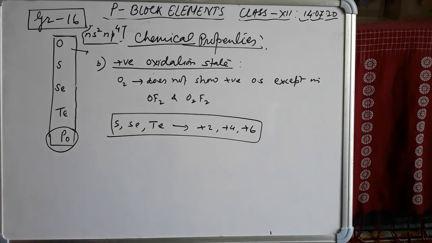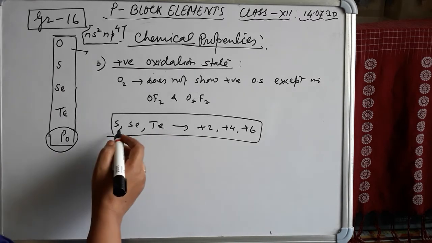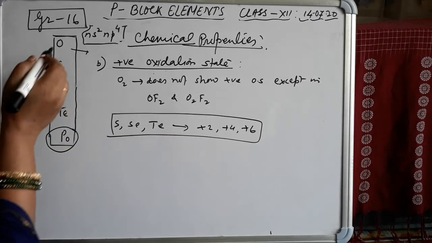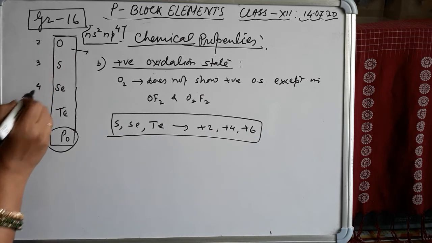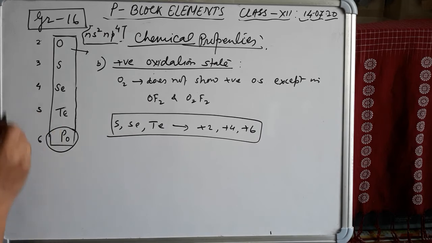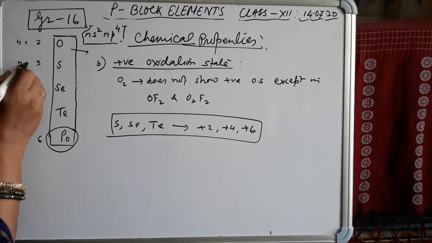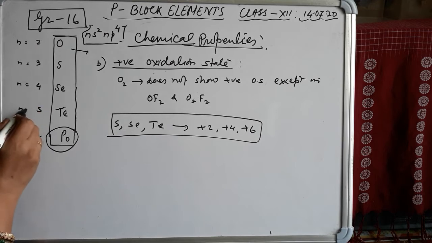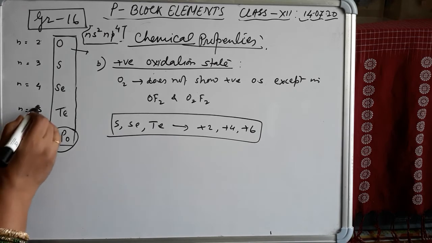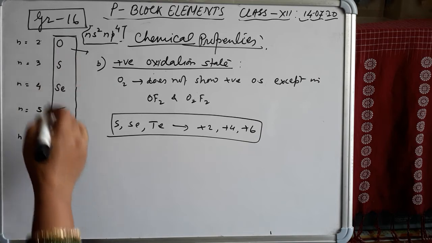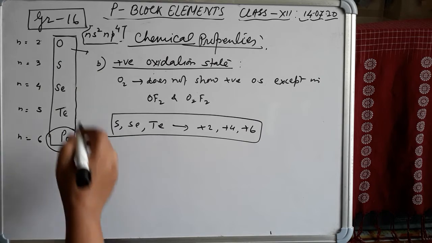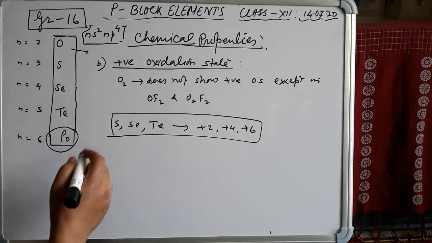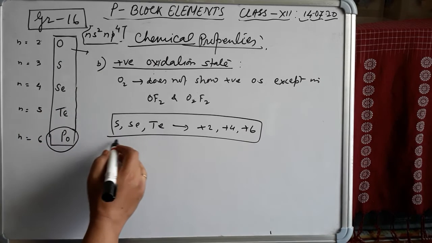This is due to promotion of electron into the vacant d orbital. As we discussed, these belong to the third period, fourth period, fifth period and sixth period, n equal to 3, 4, 5 and 6. So as we move top to bottom after the second period, the d orbital is present in the vacant form, so electrons can be promoted into the vacant d orbitals.